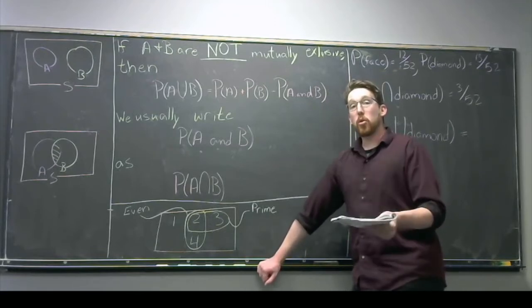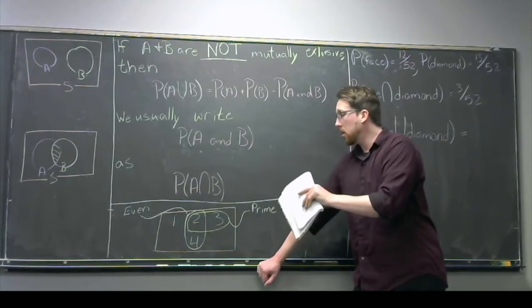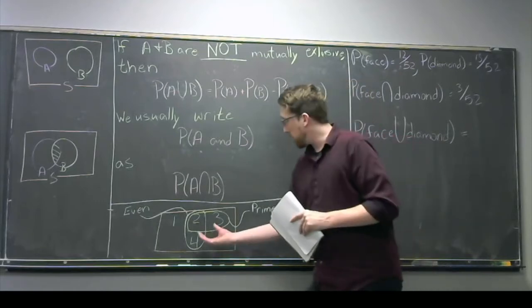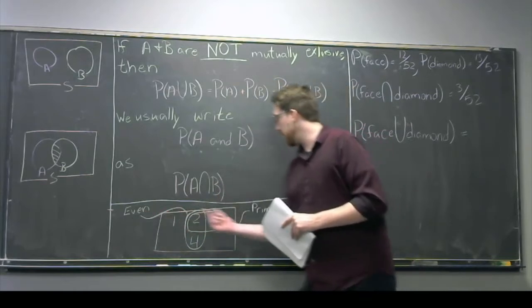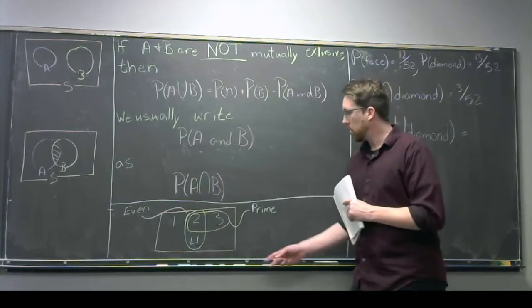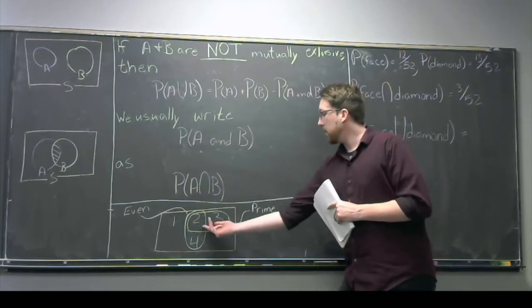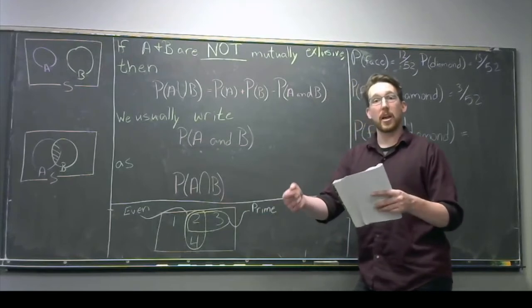And if we wanted to know the size of the combination of those two subsets, we would add their individual sizes together and subtract that intersection.